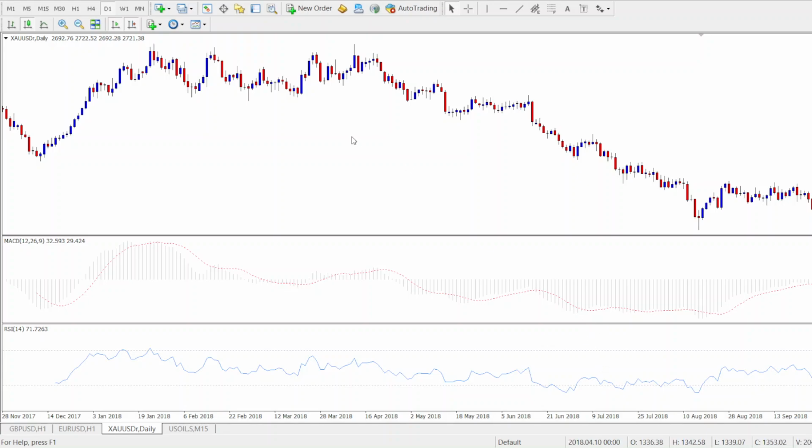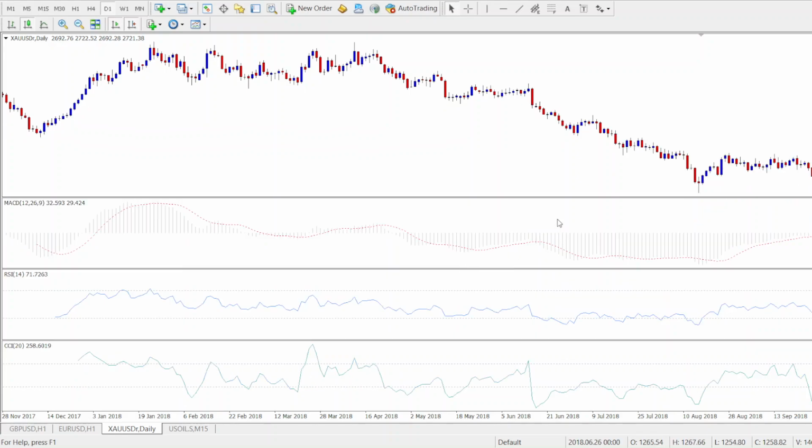Now, as for the final indicator for this strategy, which is the CCI, we're going to be adding the CCI to our chart as well. The CCI evaluates the current price level relative to an average price level over a specified period, indicating potential overbought or oversold conditions.